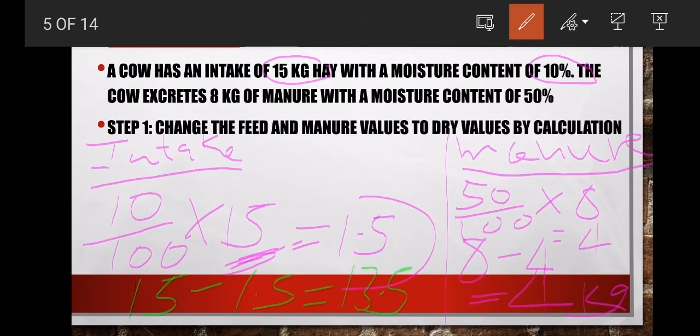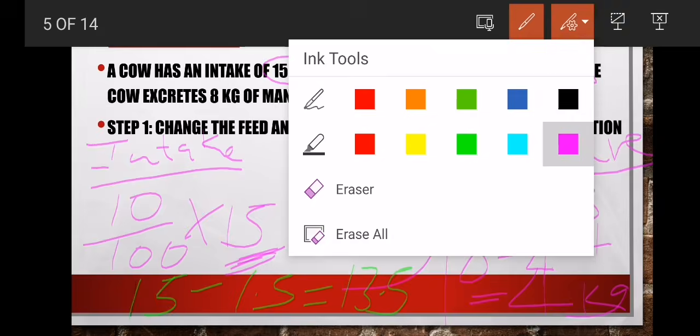You take them to your formula. Remember, what does our formula say, my friend? Our formula says dry material intake. Our dry material intake is what? 13.5 minus dry mass manure. Our dry mass manure is what? 4 kg. Divide by dry material intake. Never forget that we must multiply by what? By 100. Let us check how we can do that.